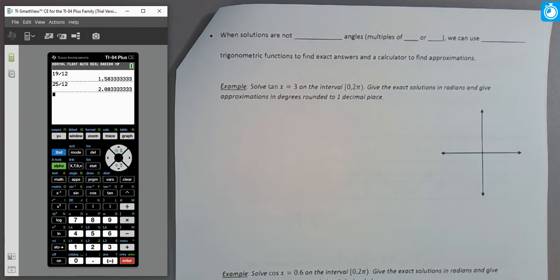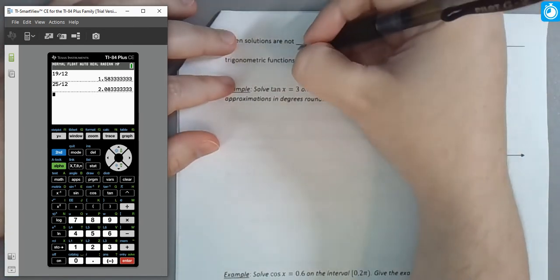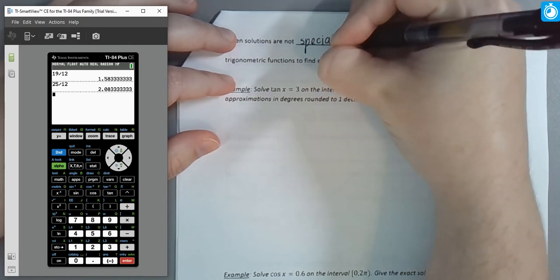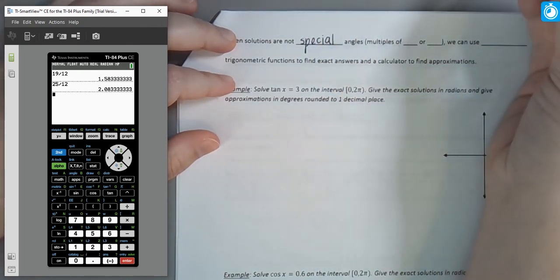What happens when we have an equation where we can't relate our trig function to values that we can identify on the unit circle? In other words, our solutions are not going to be special angles, what we think of as special angles, those angles that we label on the unit circle. What happens when our solutions aren't special angles?